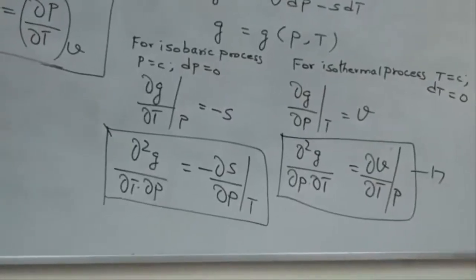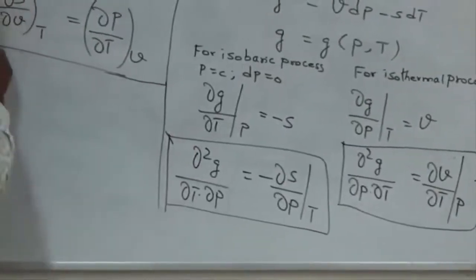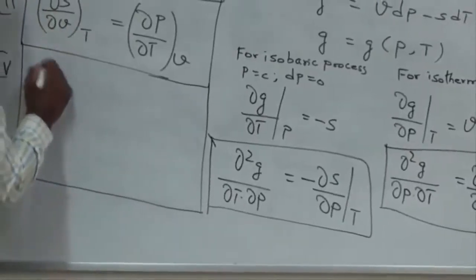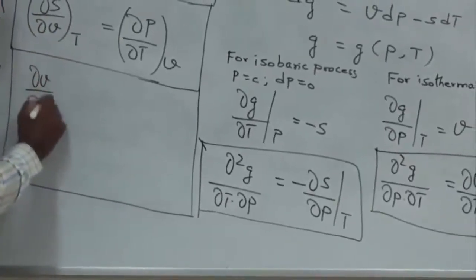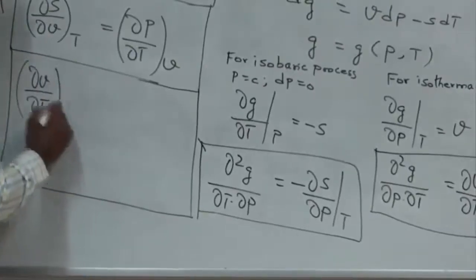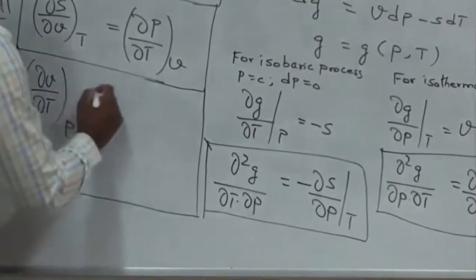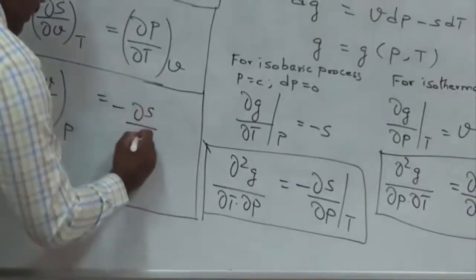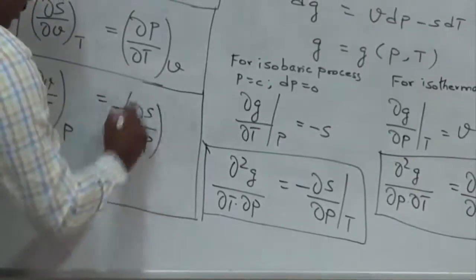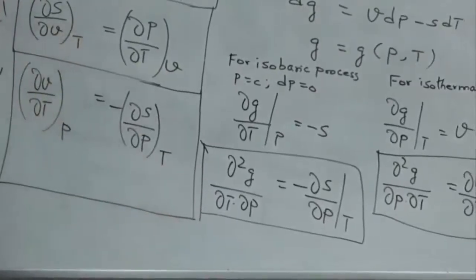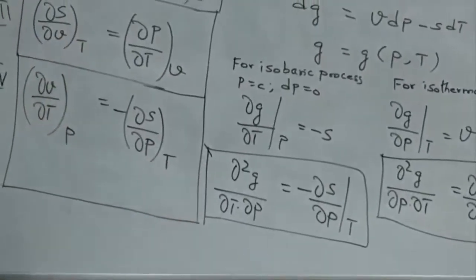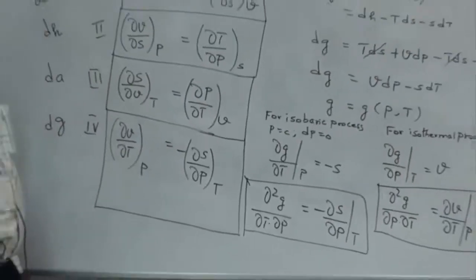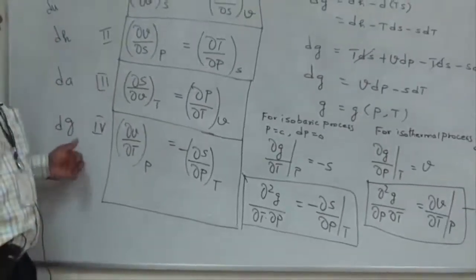So the fourth Maxwell relation will be like this: ∂V/∂T at constant P will be equal to minus ∂S/∂P at constant T. So this is nothing but the Maxwell fourth thermodynamic relation based on the Gibbs free energy.